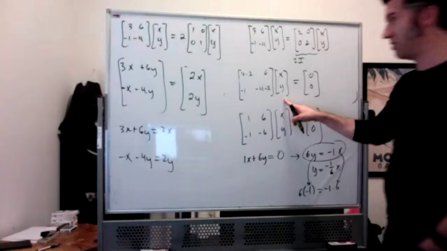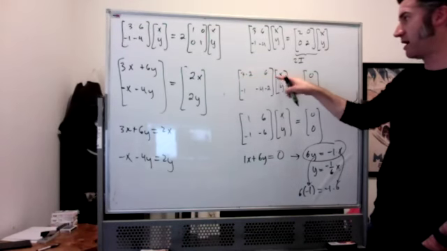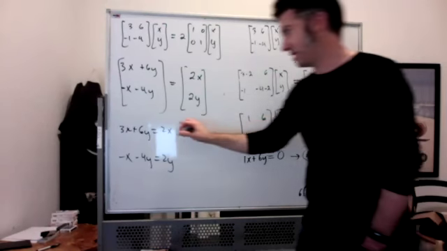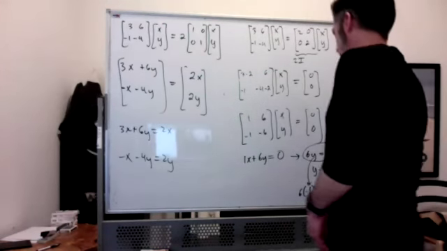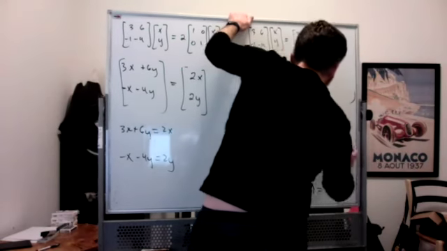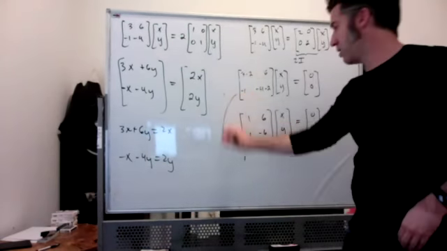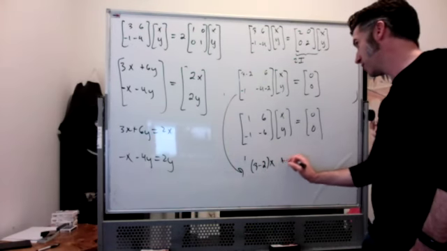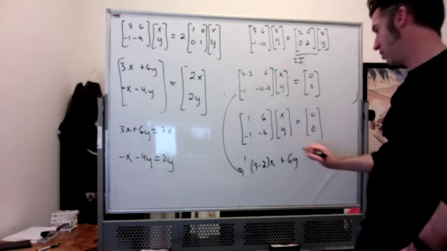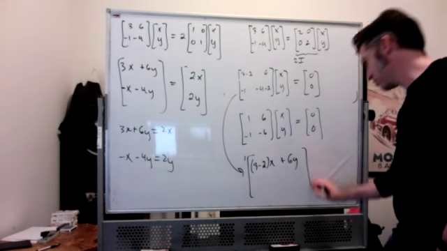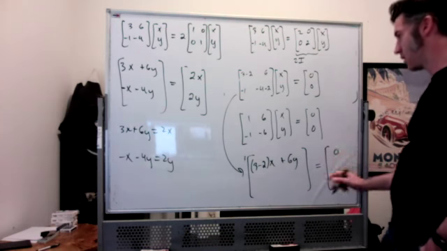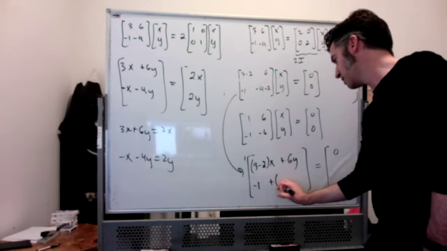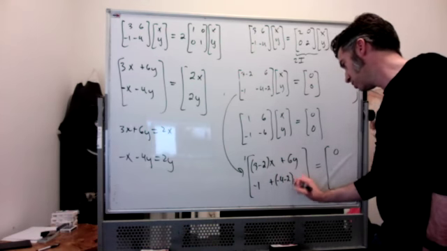Here I am getting the same thing. Look, I'm getting 3x minus 2x plus 6y, that's the same as this. Right here I'm getting (3 minus 2)x plus 6y, that's the top row. And here, if I do the multiplication, I'm getting negative x plus (negative 4 minus 2) times y.